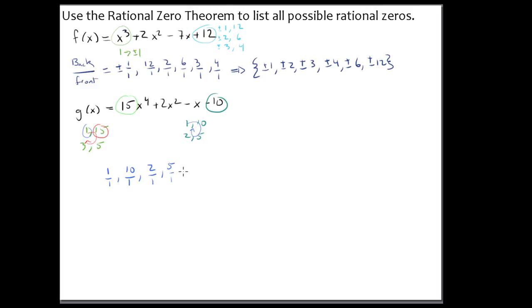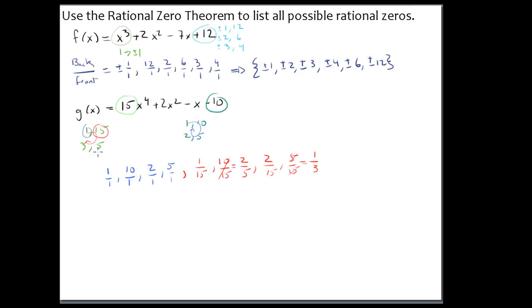15. 1 divided by 15, 10 divided by 15, so this is 2 over 3, 2 divided by 15, and 5 divided by 15, or 1 over 3, right? Because these reduce. Each one of these could be both positive or negative.